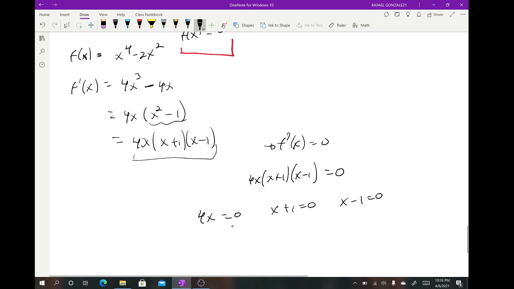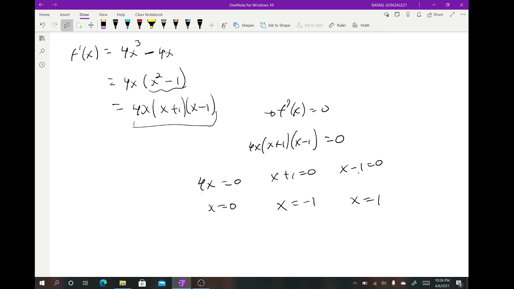Well, 4x equals 0 whenever x is equal to 0. You could just divide both sides by 4. x plus 1 is equal to 0 whenever x is equal to minus 1. And x minus 1 is equal to 0 whenever x is equal to 1. So now we have that on the interval negative 2 to 2, the derivative is actually 0 at 3 different values of x.